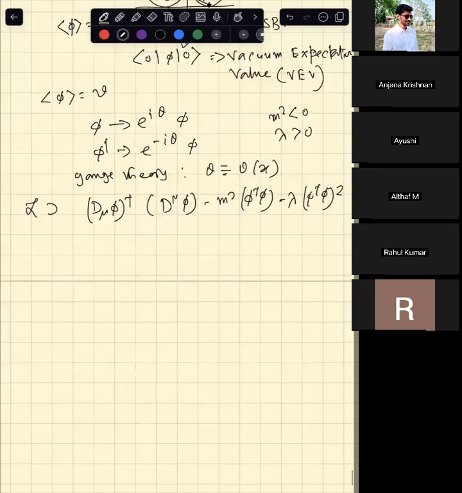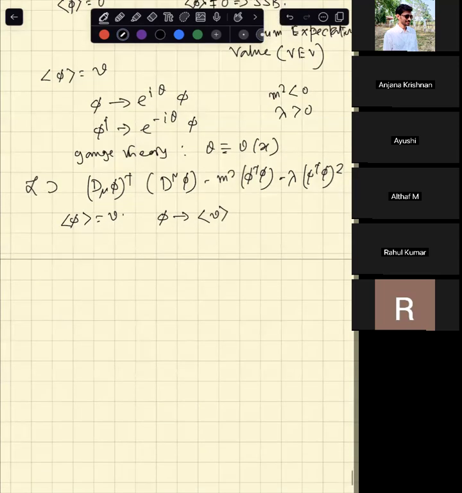Now, when the vacuum expectation is phi, then what you do is replace this phi by its vacuum value. This is the classical field theory we are doing. There are no quantum fluctuations and so on. But if you do that, then what is your d mu phi? Your d mu phi is del mu plus i g prime a mu, where a mu is the U(1) gauge field, acting on phi, right?